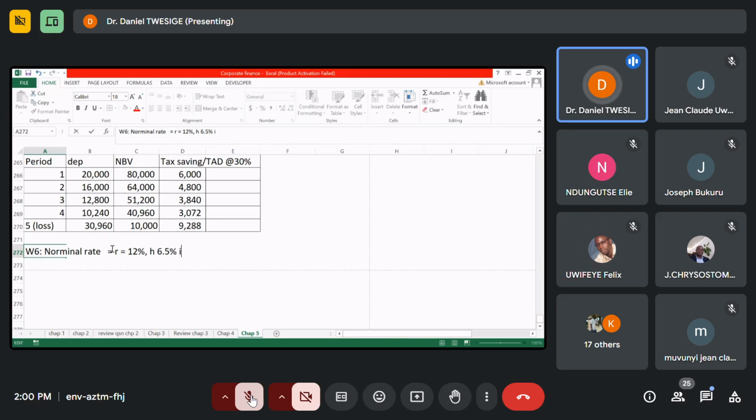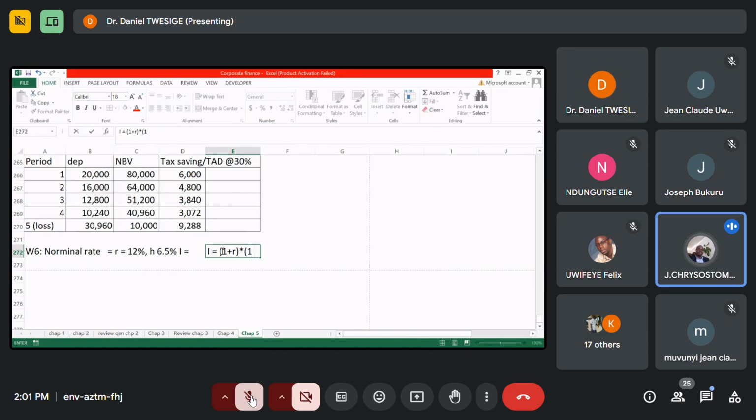And we need our I. And we said our I will be equal to, if you put in the Fisher's formula, 1 plus R times 1 plus H, then minus 1.